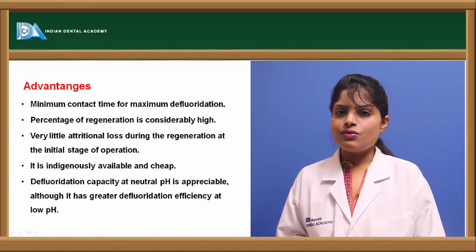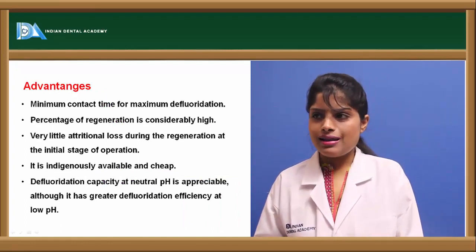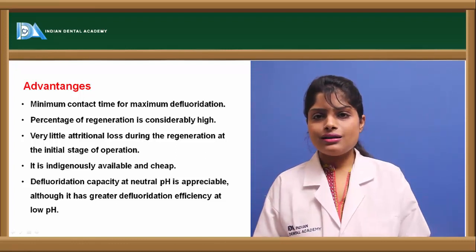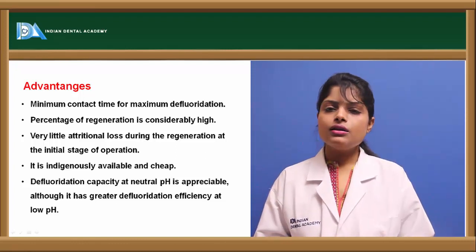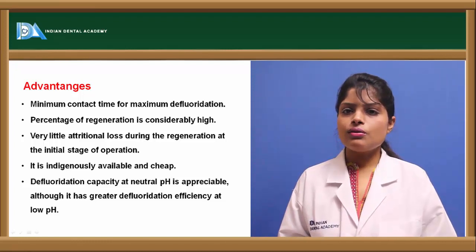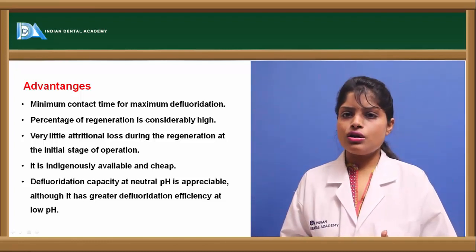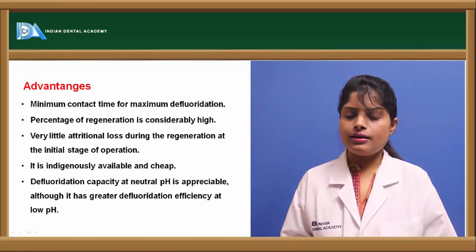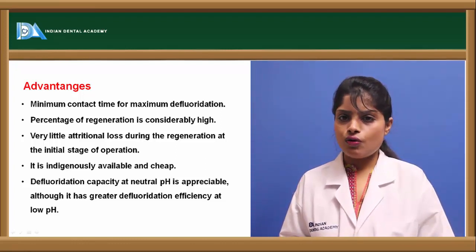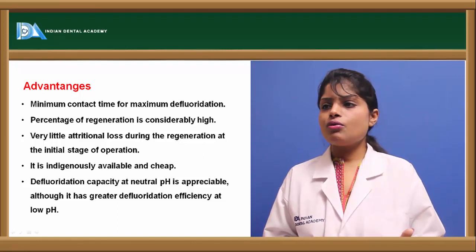So the various advantages of the same are that minimum contact time is required, the percentage of regeneration of the products is lesser, very little attritional loss or loss of byproducts occurs, and there can be reutilization of all the products in the same procedure.